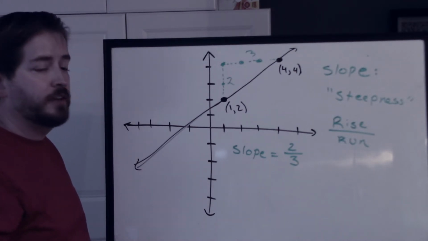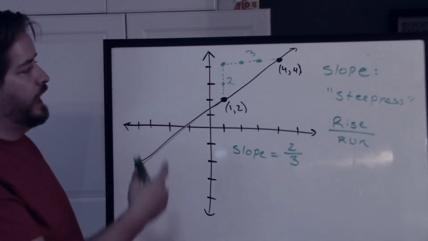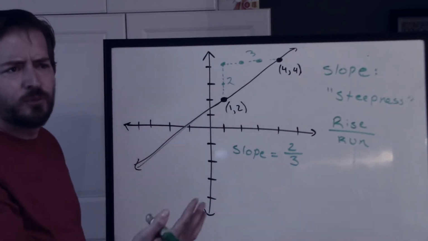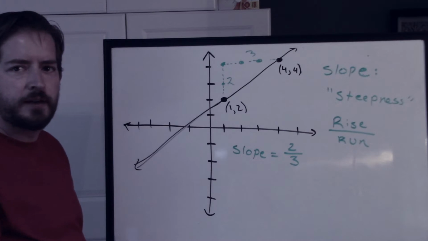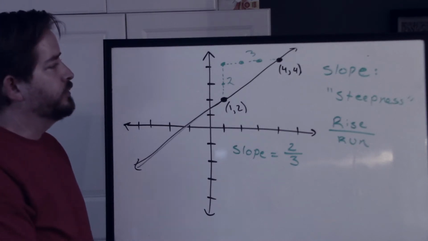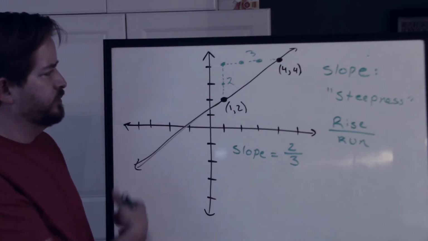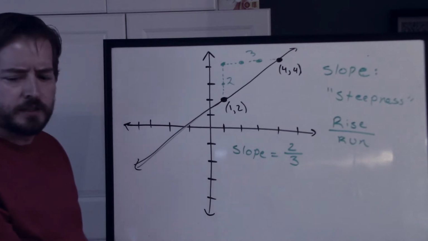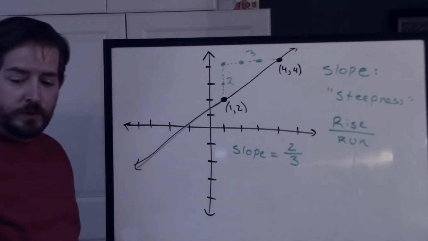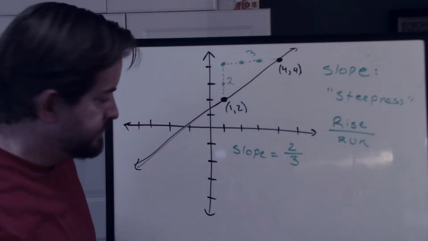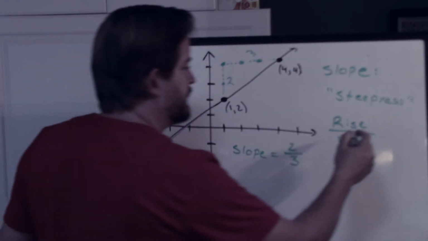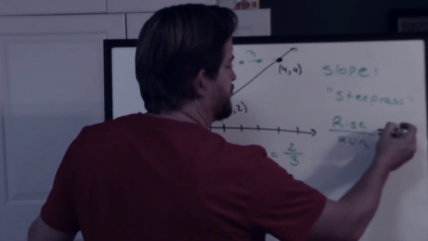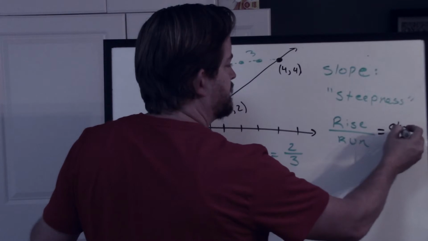Let's take a look mathematically. We typically don't want to rely on graphs very much, and plus it's pretty lopsided because I drew it anyway. There's a mathematical way to find this, right? This rise is considered to be a change in y.